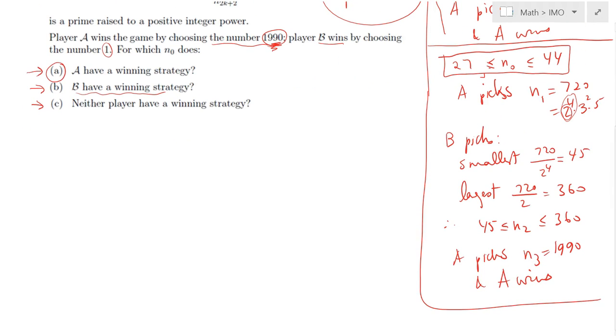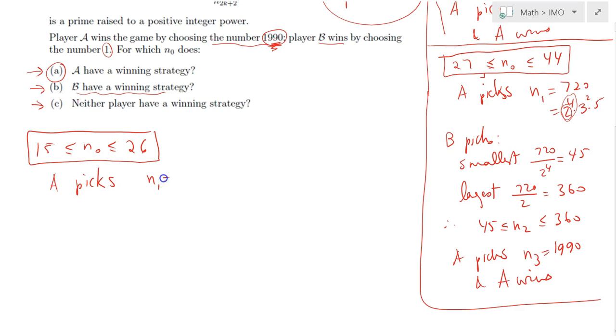Okay, so next, what happens if the initial number is between 15 and 26? When that happens, A can pick n1 equals 210, which is equal to 2 times 3 times 5 times 7.